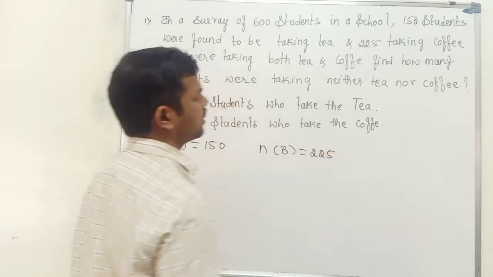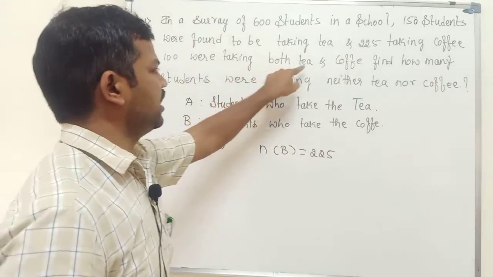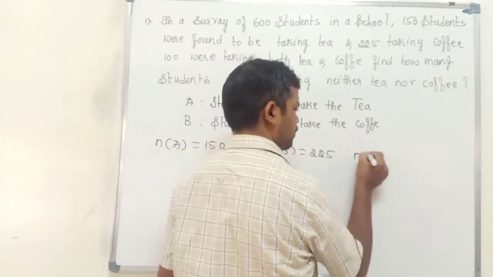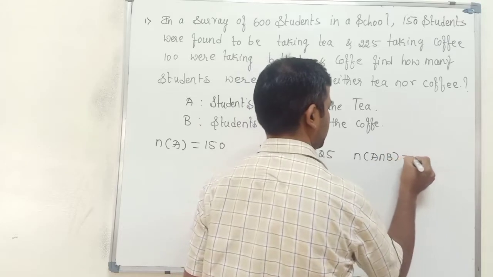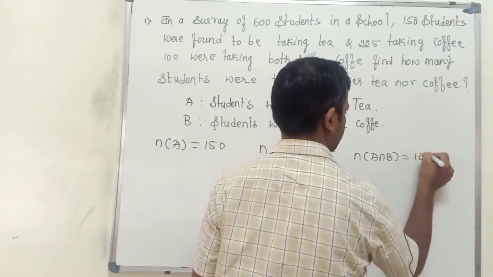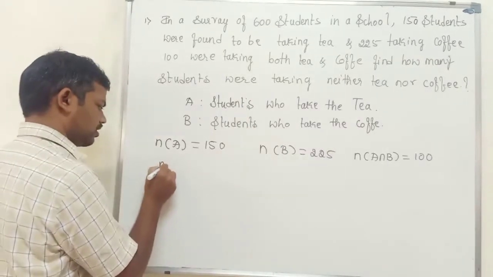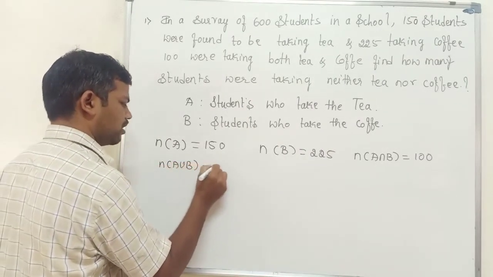Another condition is given: 100 were taking both tea and coffee, that is n of A intersection B is 100. What is not given is n of A union B, which we have to find.